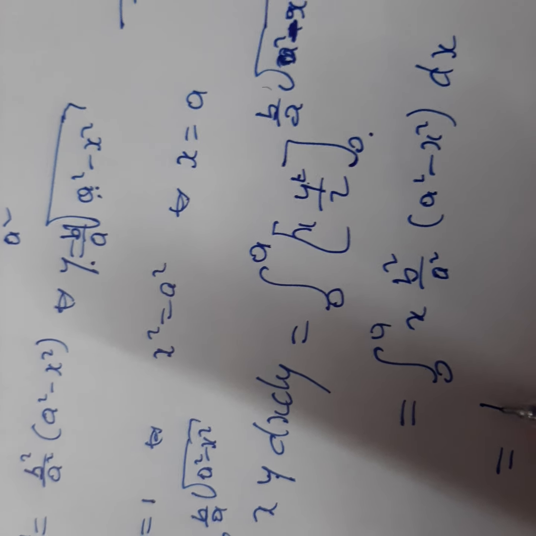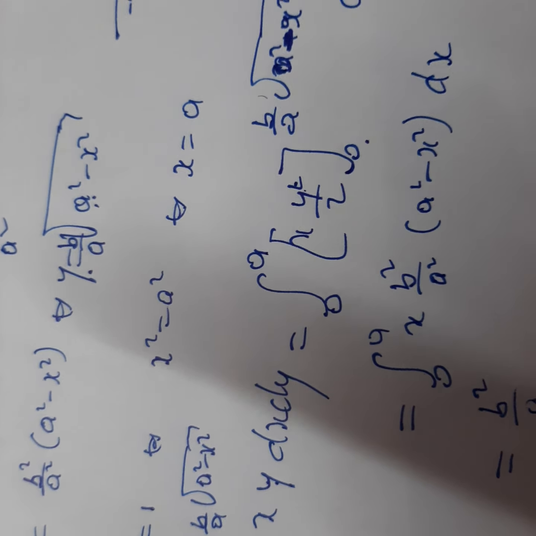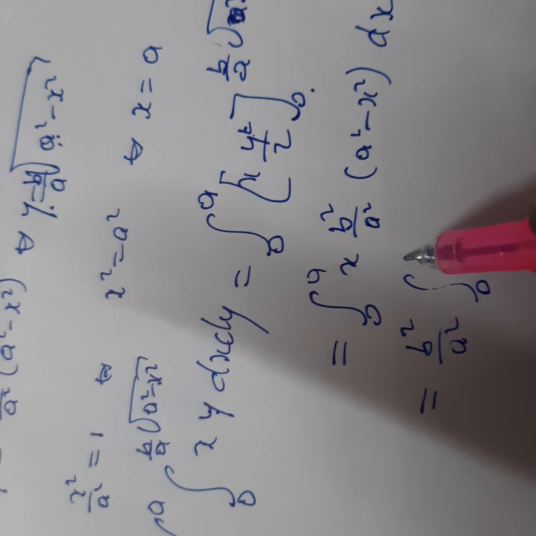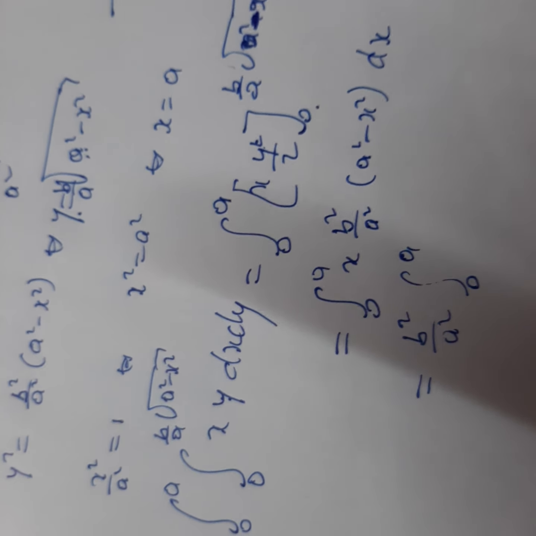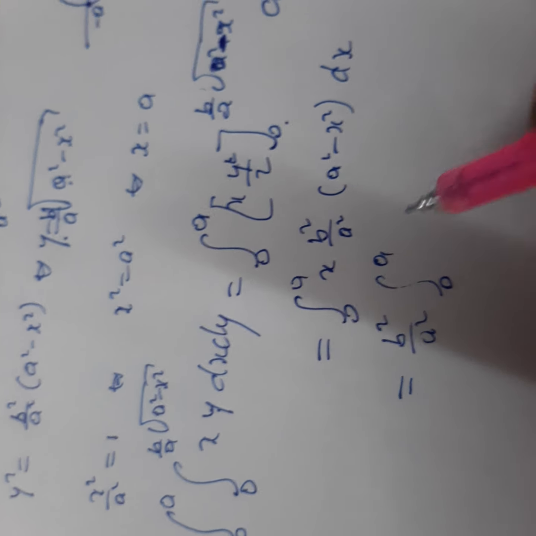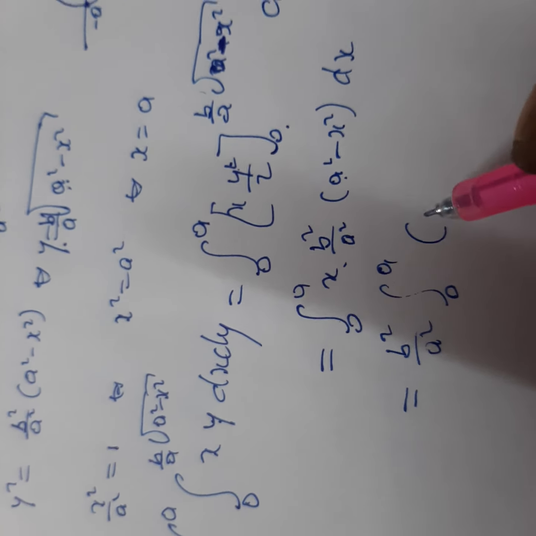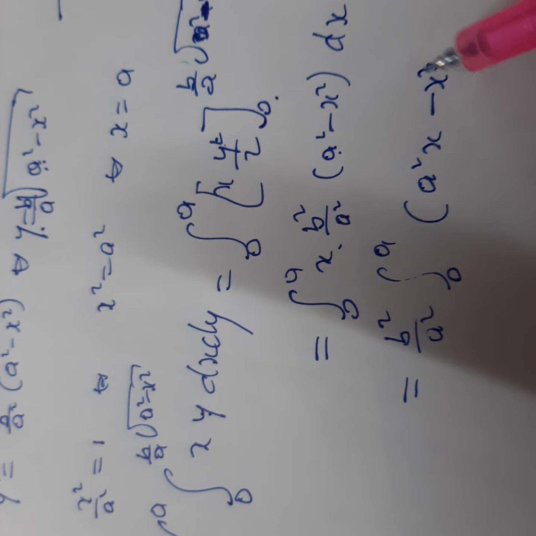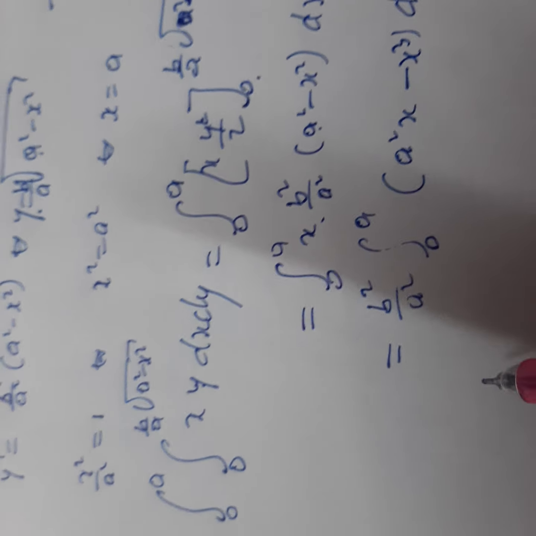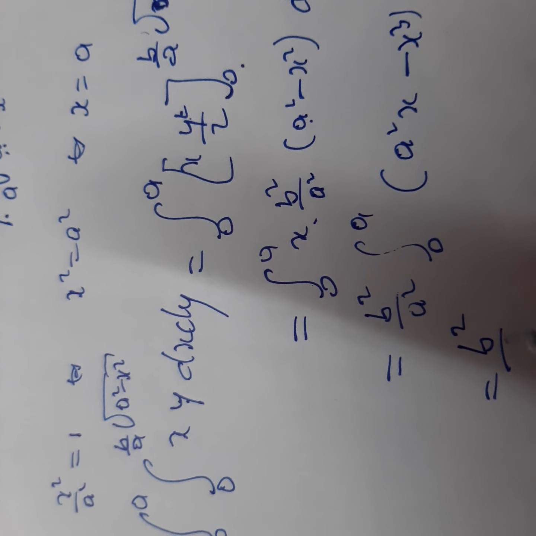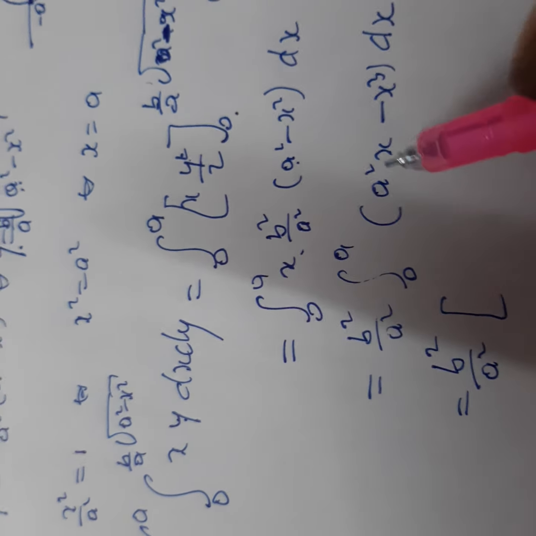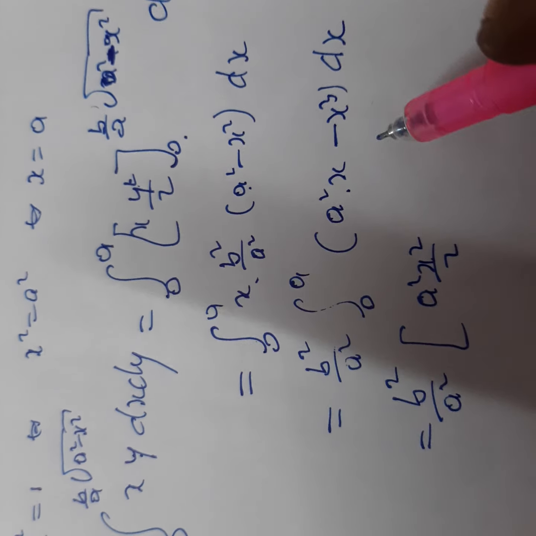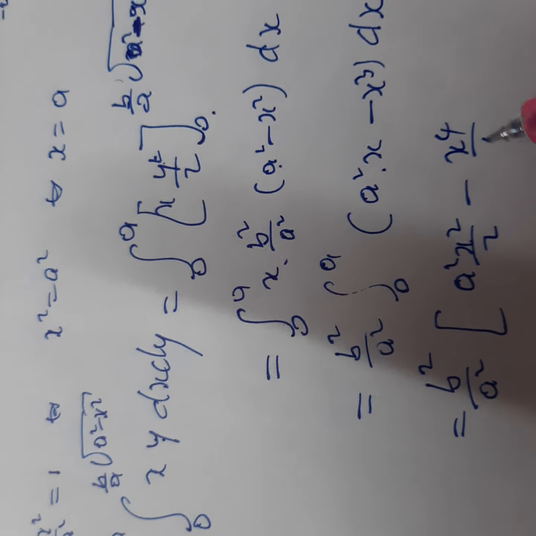Therefore, I have b square by a square, integral from 0 to a. So x into this one means a square x minus x cube dx. If I do integration of this one, I get a square x square by 2, and for this one I get minus x to the power 4 by 4.